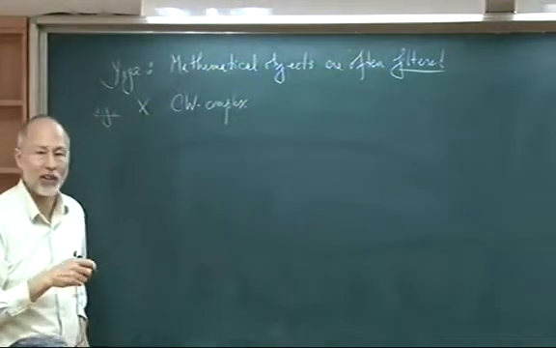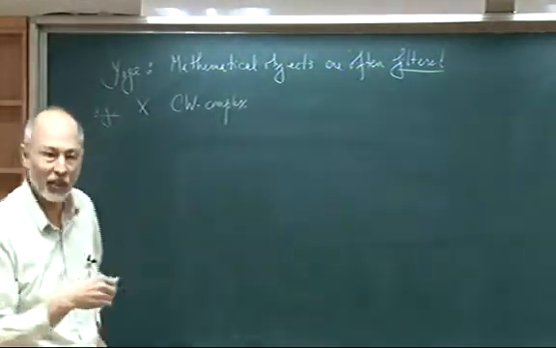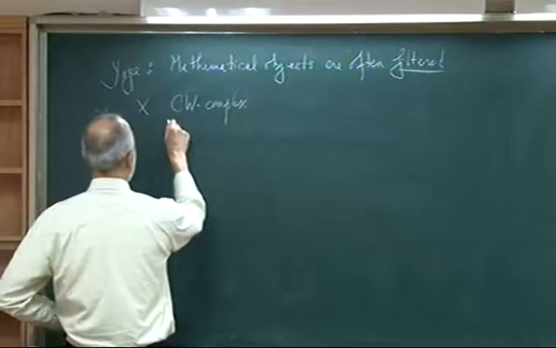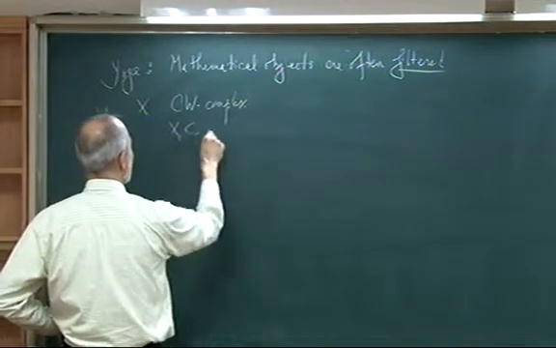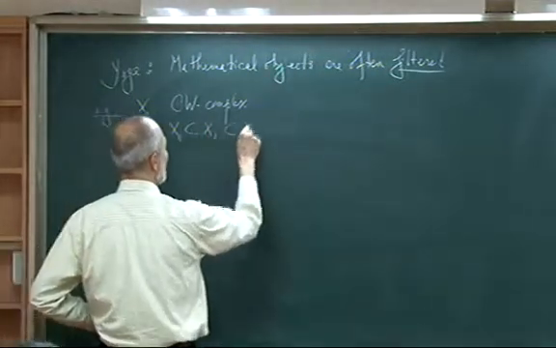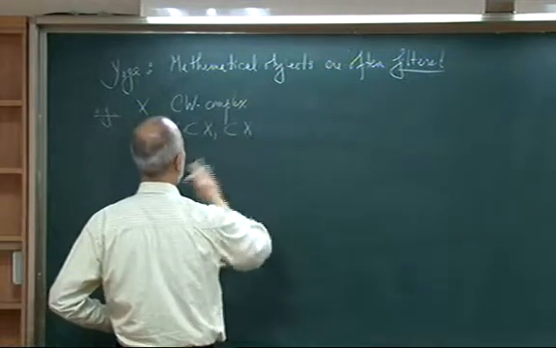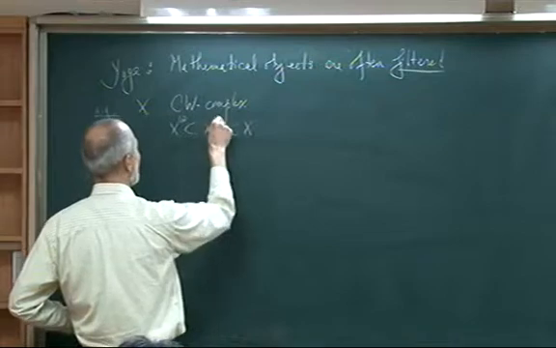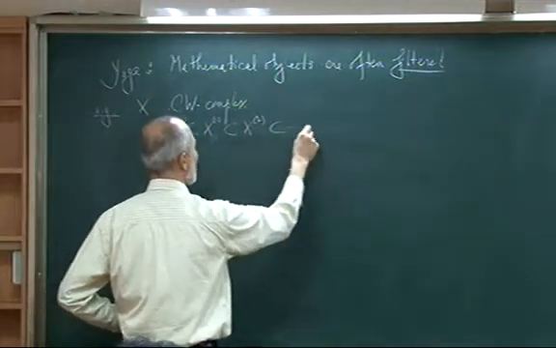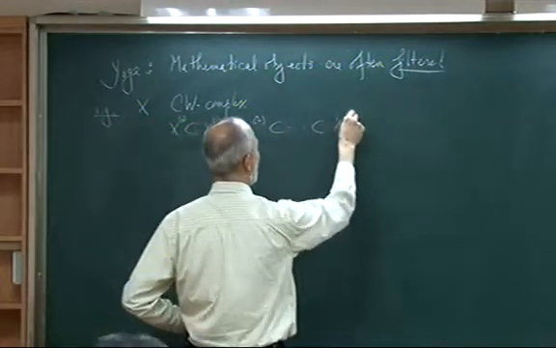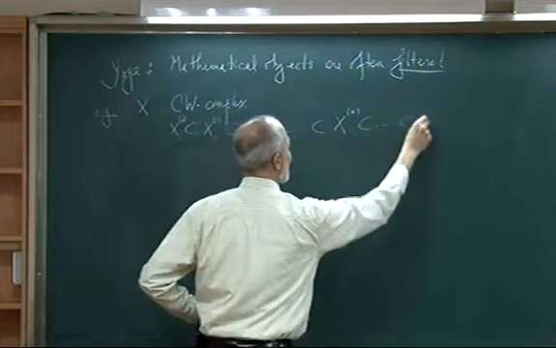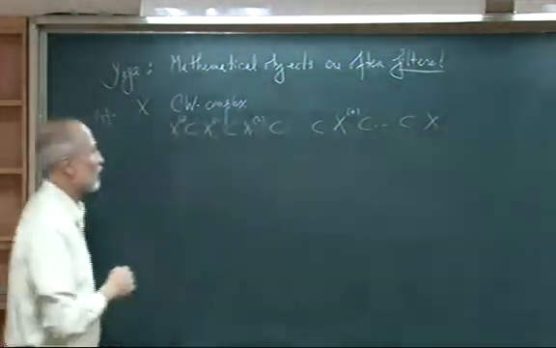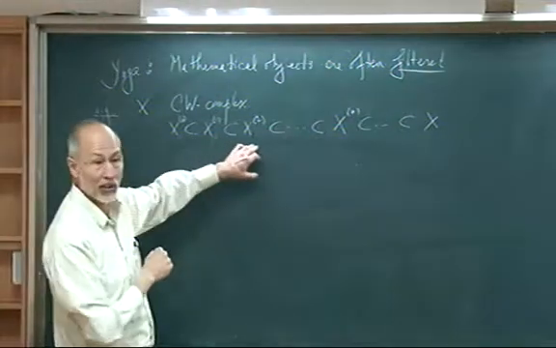if X is a CW complex, then I can think of X as a collection, I should use different notation here, I think, of skeleta.